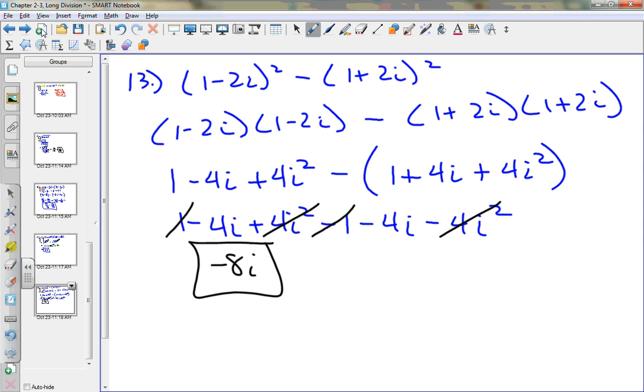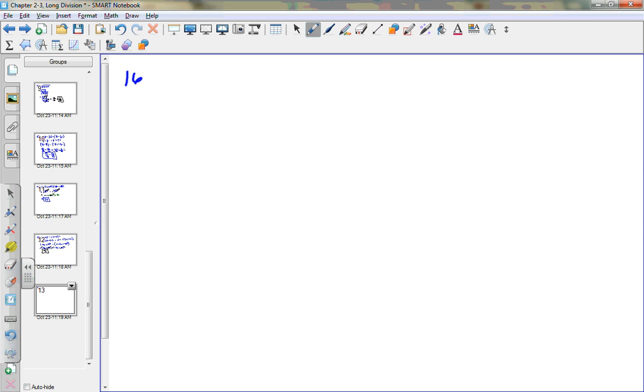Okay, 14 through 17. Any questions on 14 through 17? Yeah. What's the conjugate of 16 with no letters in it? First of all, you have to calculate that. So if I'm on 16 and I have the square root of negative 20 and it's asking for the conjugate of that, I first have to put that as a complex number, right?